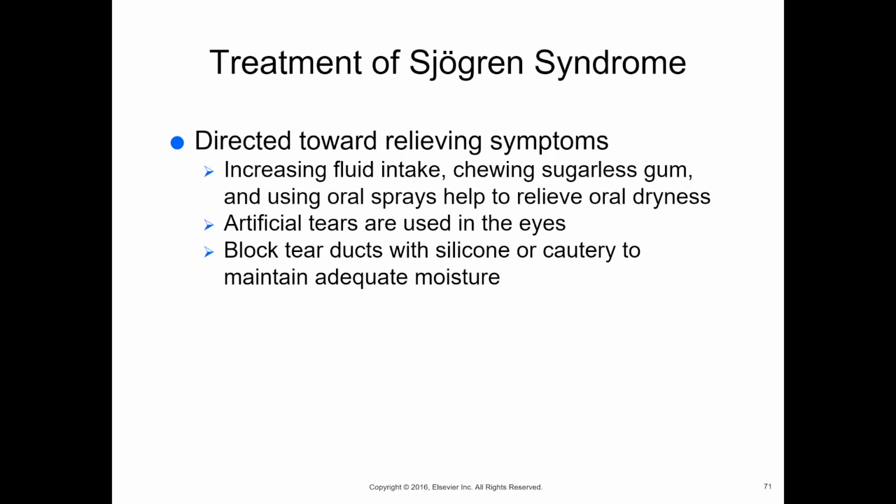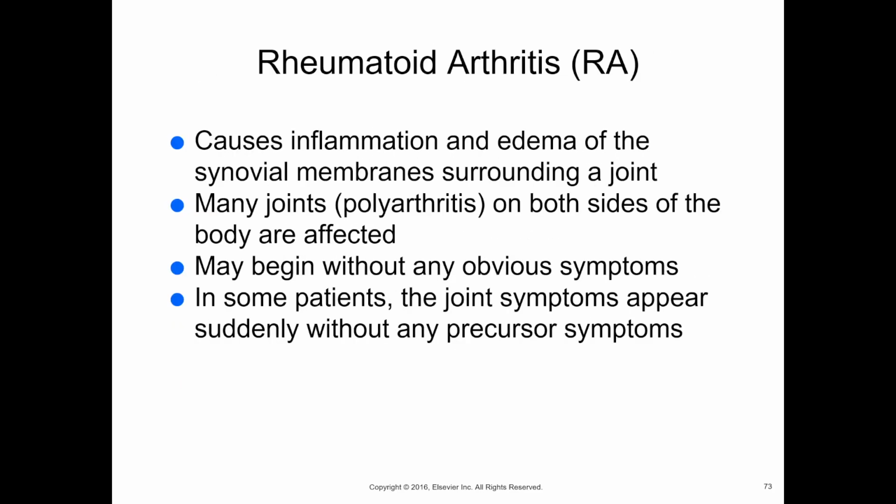There's all kinds of things, but generally the treatment for this is very similar to SLE. You're going to address symptoms, but you're also going to address the immune overreaction by using things like NSAIDs, corticosteroids, etc.